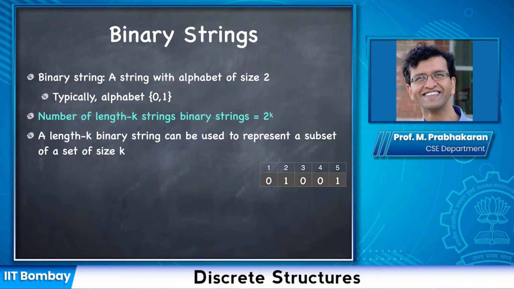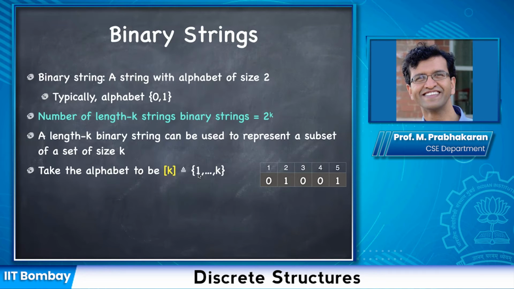Now, interestingly, such a string can also be thought of as a set, more precisely a subset of a set of size k. In fact, let me define this particular set of size k, namely the first k integers 1 to k. I'll denote it using this notation, k in square brackets.